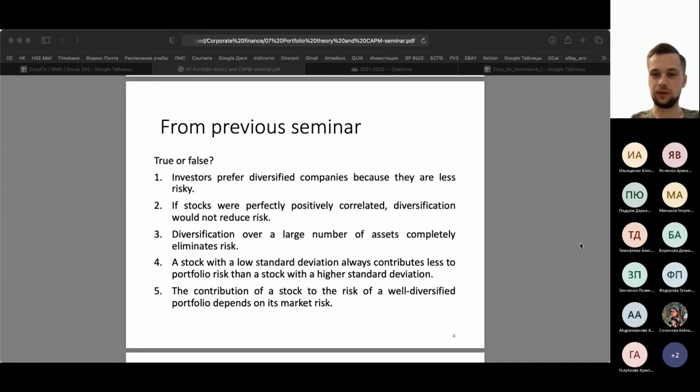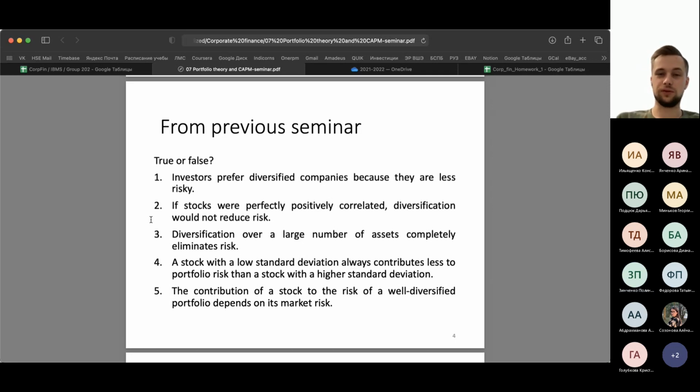Okay, Polina, what do you think about the first one? Why is it false? We know that investors prefer diversified portfolios, but diversification of a company, I think, doesn't make it less risky. So that's why I decided that this statement is false. Mm-hmm.